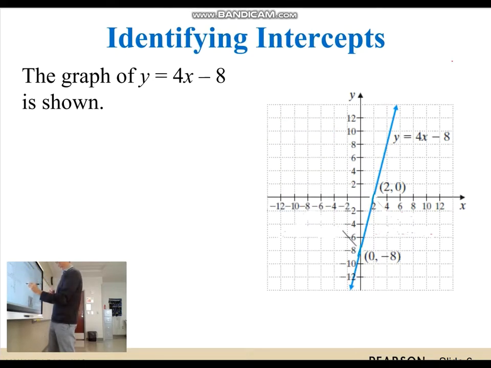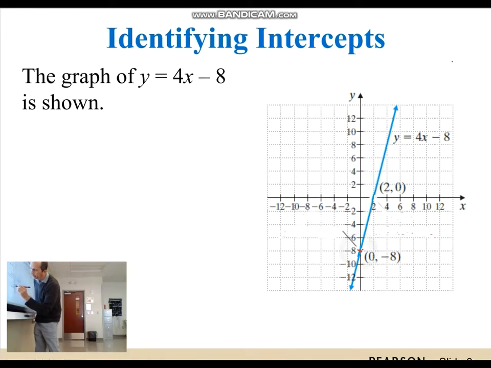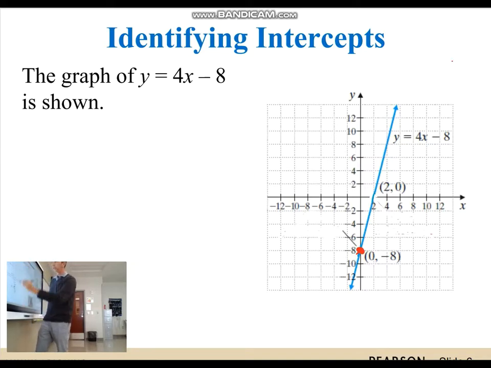So let's find the point here where the graph of 4x minus 8 intersects the y-axis. And this is the y-intercept.